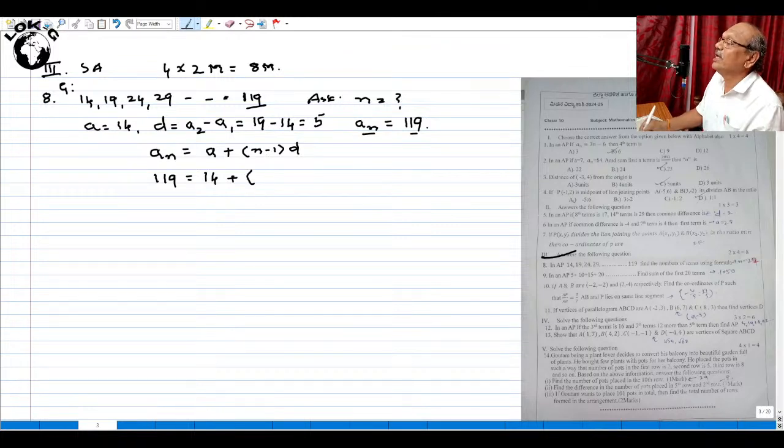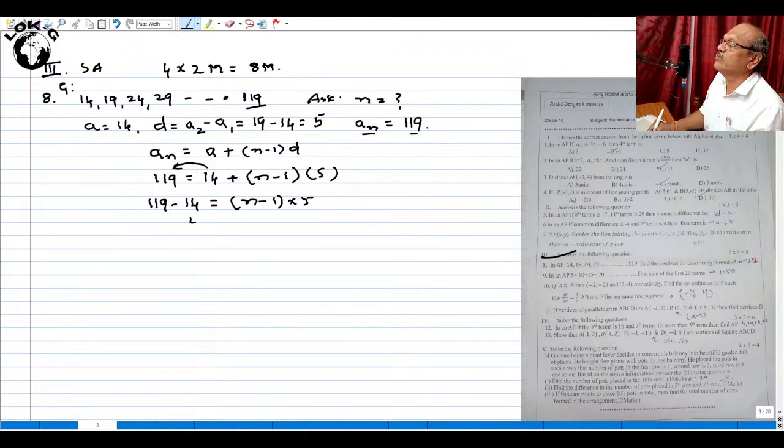Wrong. n you don't know; when you don't know, it is unknown. So 14 plus n minus 1 into 5. Now you can expand it, or I will take this 14 to the left hand side. It becomes 119 minus 14 is equal to n minus 1 into 5.